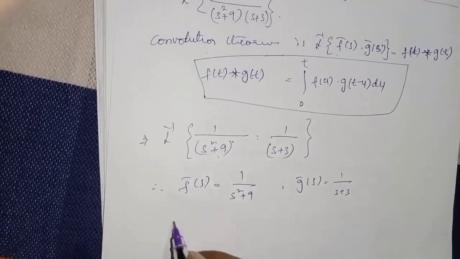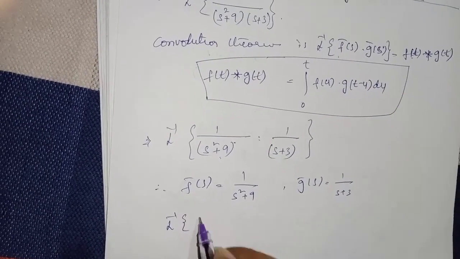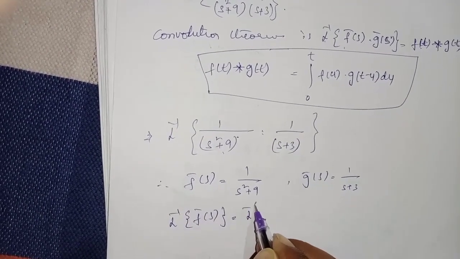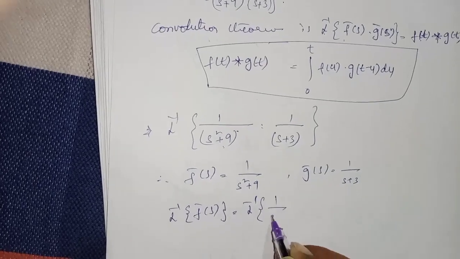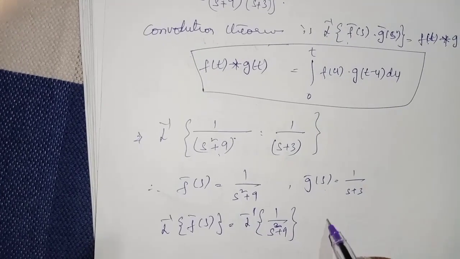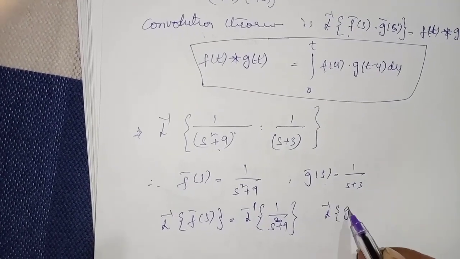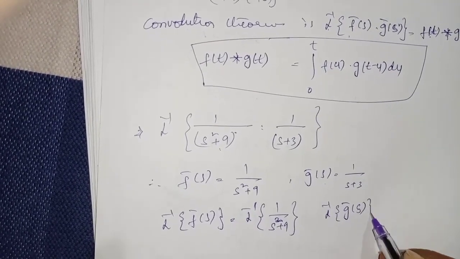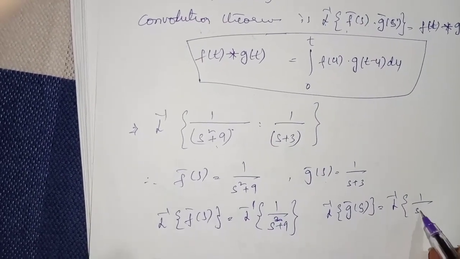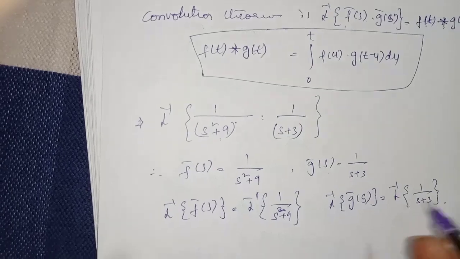Now apply L inverse. L inverse of f bar s is equal to L inverse of 1 by s square plus 9. Same here also, L inverse of g bar s is equal to L inverse of 1 by s plus 3.